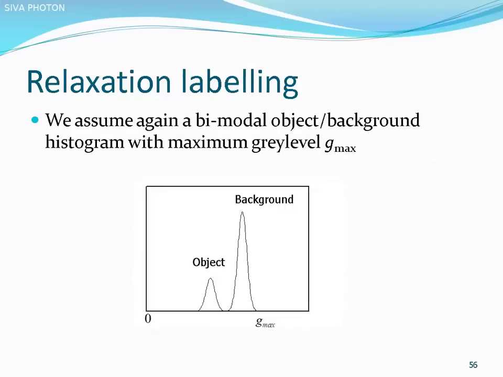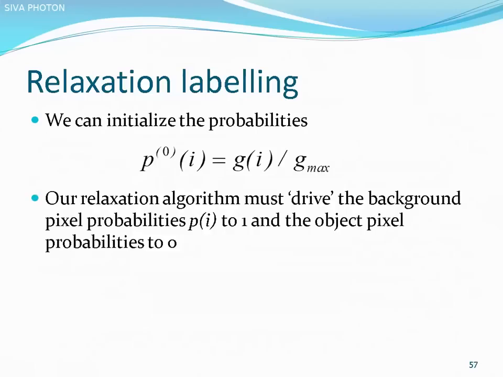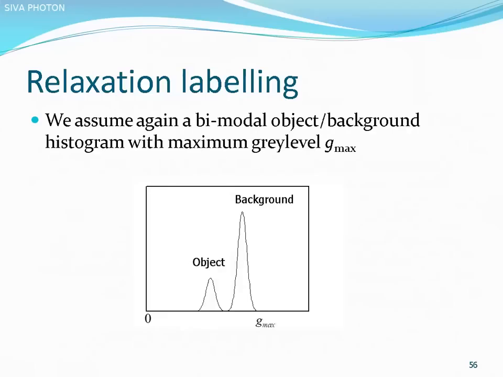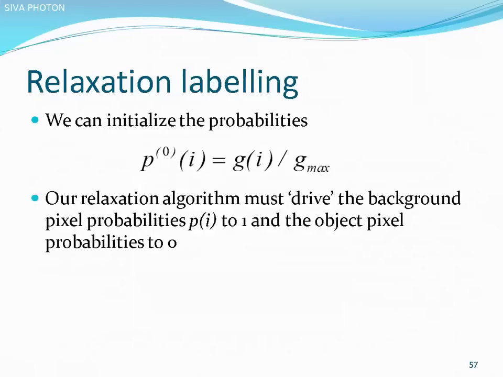So here we are assuming again a bimodal image, a bimodal object/background histogram with maximum gray level G max. So usually G max will be around 256. Then we have to initialize the probability as G of I by G max.